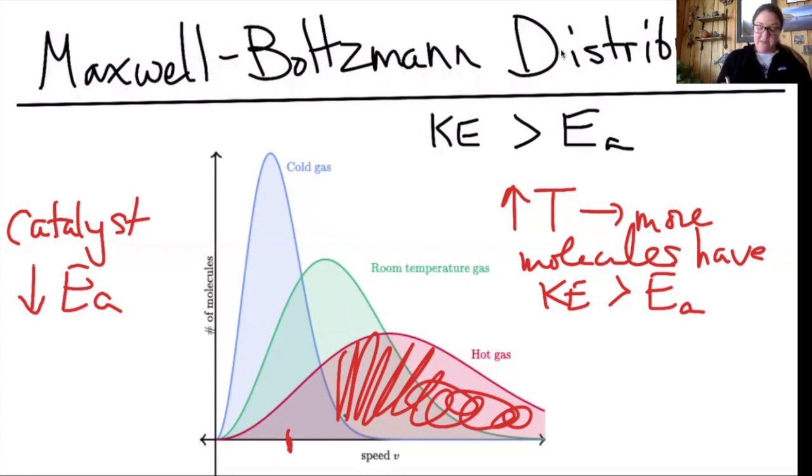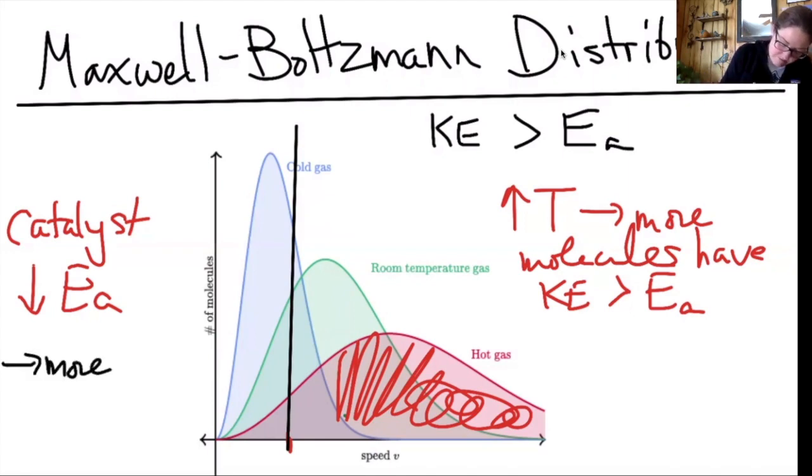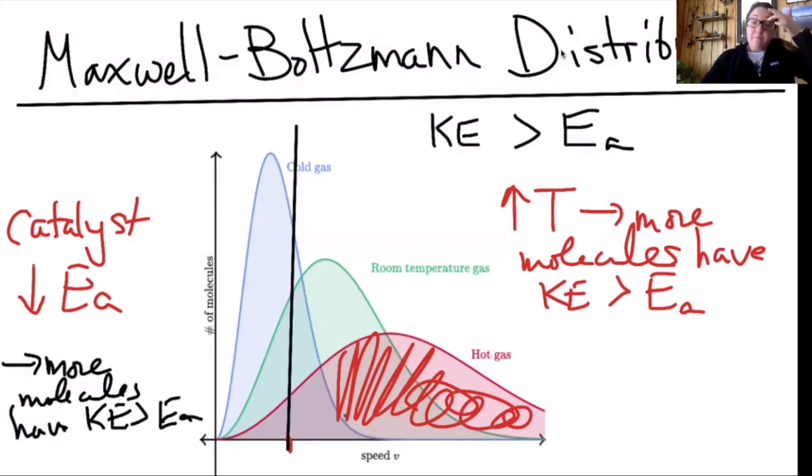And if this becomes my threshold velocity, and molecules moving faster than it are capable of reacting, then for every curve, more molecules have sufficient kinetic energy. So both increasing the temperature and adding a catalyst have the same effect, but for different reasons. For increasing temperature, it's going to increase kinetic energy. For adding a catalyst, it's going to lower the activation energy.